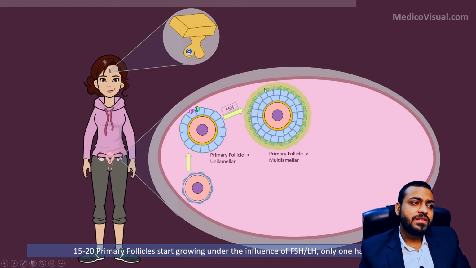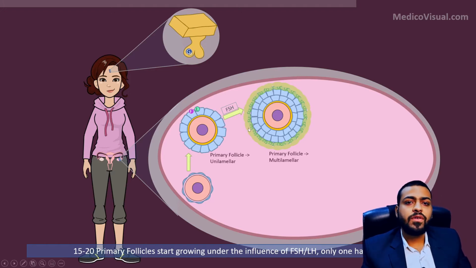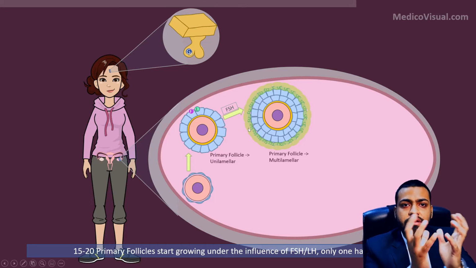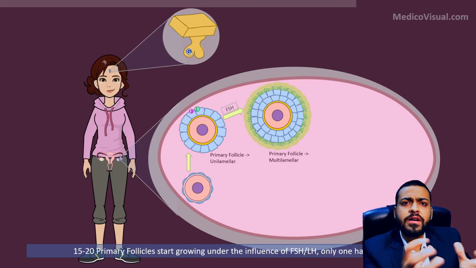Then what happens is that some interstitial cells, the cells that are present in the interstitium surrounding this place, the interstitial connective tissue, surround this follicle like a casing or covering, an outer casing or covering.